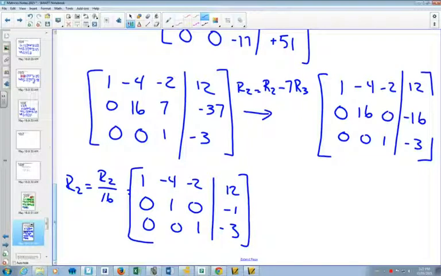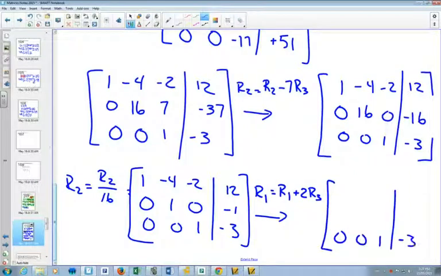Oh, I guess I could have done my operation earlier for changing row 1. Row 1, let's get this 0 where the negative 2 is first. Add 2 row 3's to it. That'll give us a 0 there. And these ones won't change.